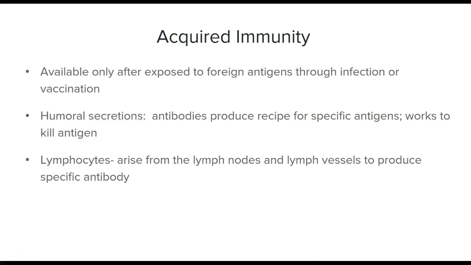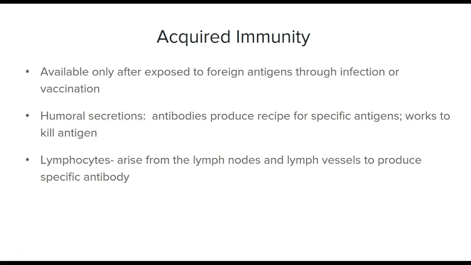Okay, so natural is we already have it. Acquired is when you're exposed to something and you make your own antibodies, which is what happens when you get exposed to a virus or a bacteria. When you get exposed to, for example, strep that causes strep throat, your body's going to see it and it's going to make antibody against the strep. So that antibody is an anti-strep antibody.